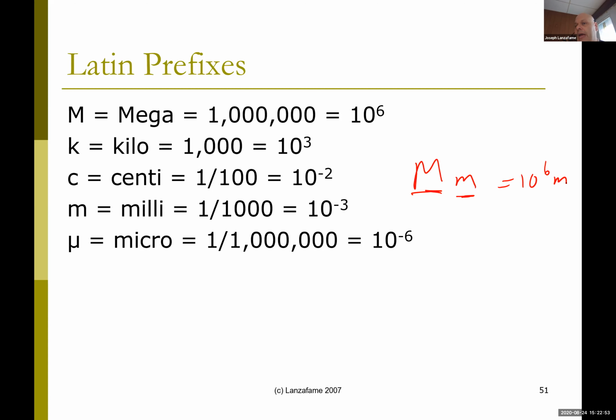I would not measure my height in megameters. I'm not that tall, right? But I might measure the distance between the Earth and the Moon in megameters because it's a more reasonable unit of length. I might measure the size of a planet in megameters, although it has to be a fairly big planet, right?